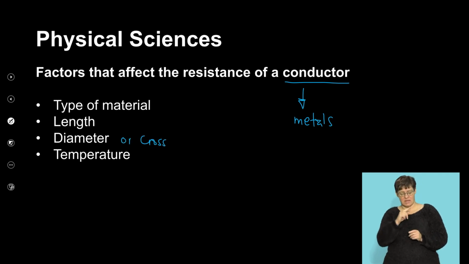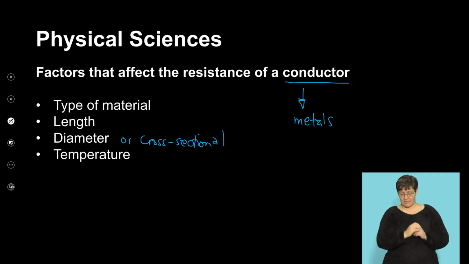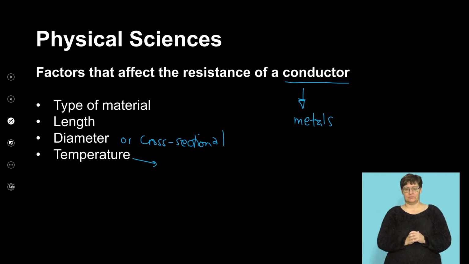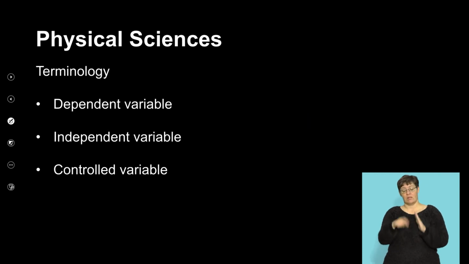So for diameter, we can talk about the cross-sectional area if it's a cylindrical piece of wire or material, as well as temperature in terms of the average kinetic energy of particles of a material. So temperature, think of it in terms of the average kinetic energy, which is in terms of the kinetic molecular theory. Now, terminology.